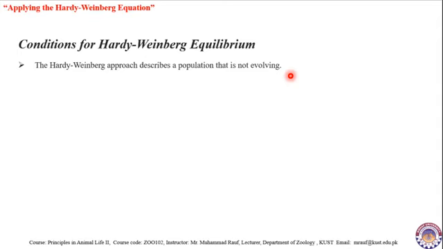So this concept says that no change will occur in the genotype and allelic frequency, or the genetic composition, of a population through successive generations if certain conditions are fulfilled. If this population fulfills certain prerequisite conditions, then its allelic and genotype frequency will not change.